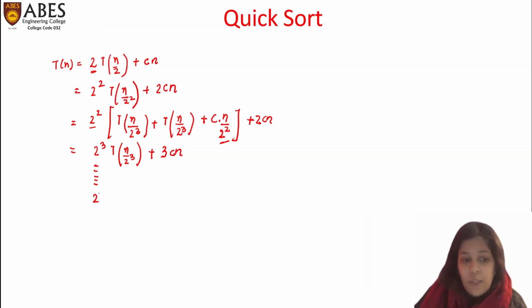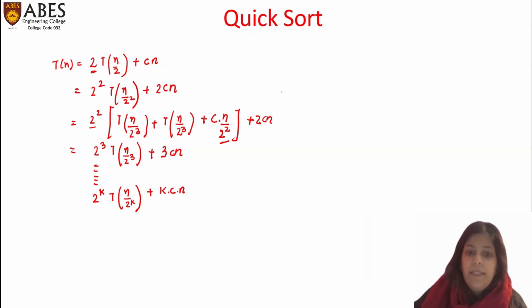So this can be written as 2 raised to the power k T of n upon 2 raised to the power k, plus k of Cn, that is k dot C dot n. Now, as I'm saying, suppose after k iterations there is only one element left. So we can say that n upon 2 raised to the power k is equal to 1.